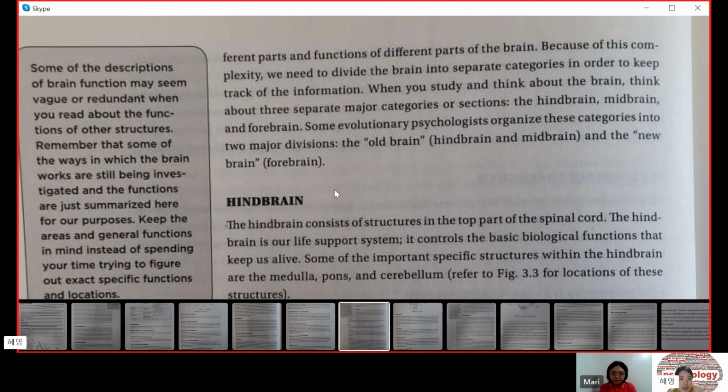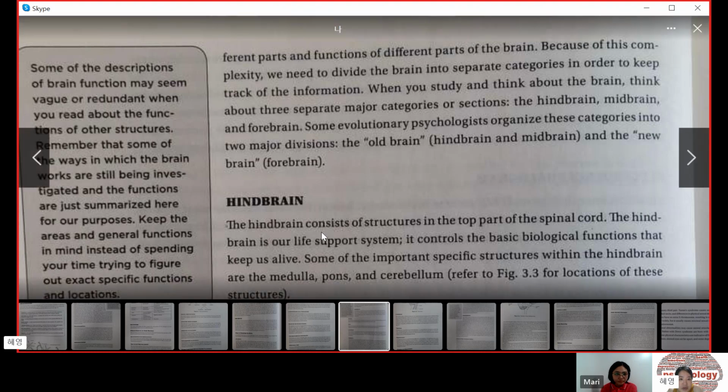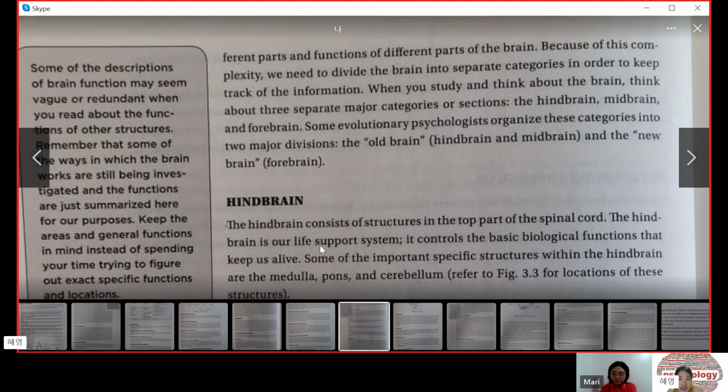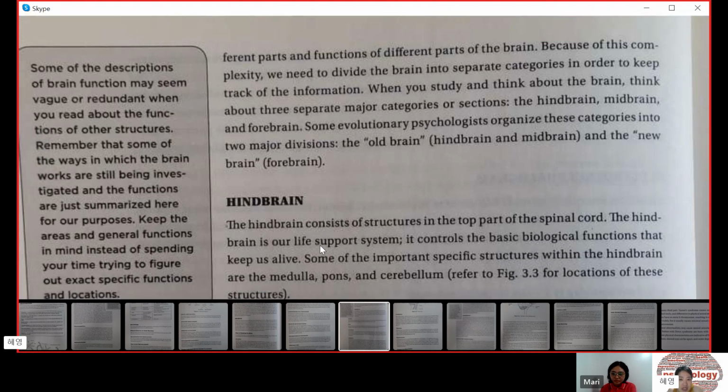Some evolutionary psychologists organize these categories into two major divisions, the old brain and new brain. But we divided into the first one, hindbrain, midbrain and forebrain.